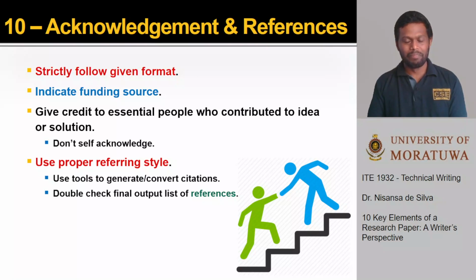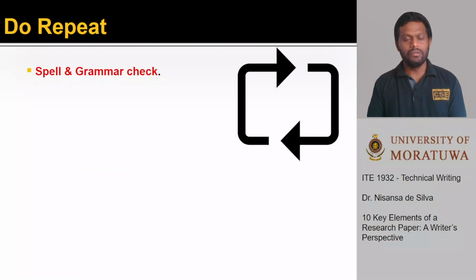Now we will see what we can do on top of what we have here. You need to repeatedly do the spell and grammar check. Again, you can use special tools. If you are using online things, you might be able to use things like Grammarly or inbuilt word processing tools. Choose your words carefully.